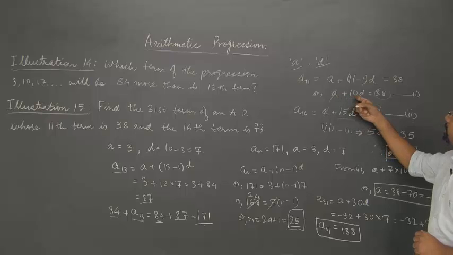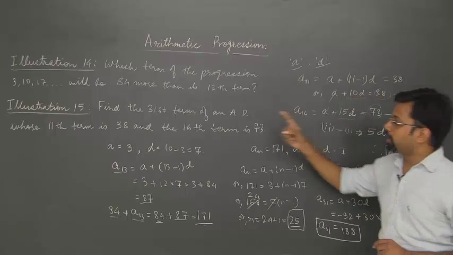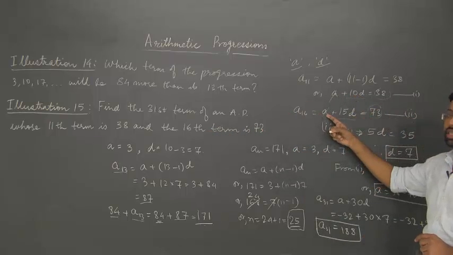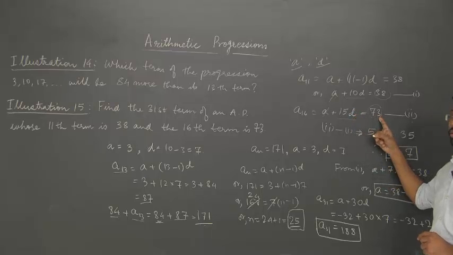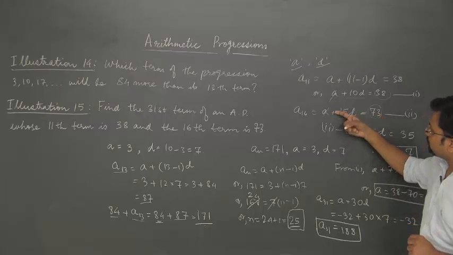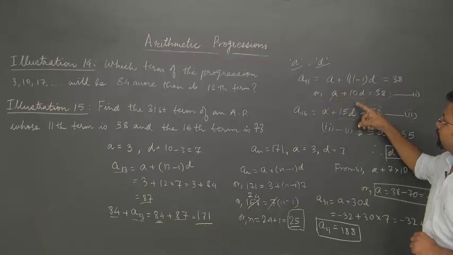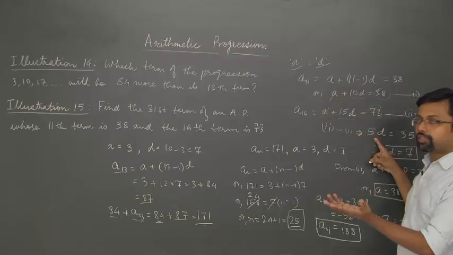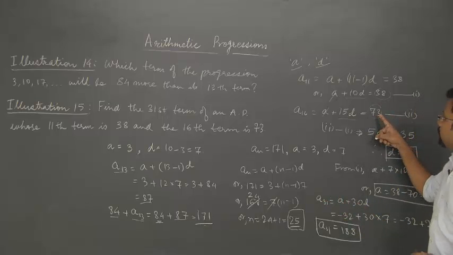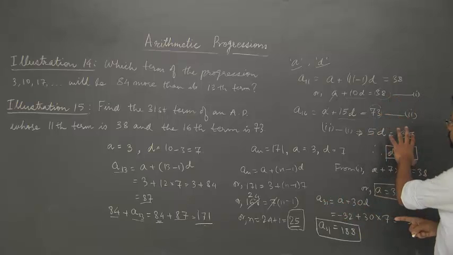So A plus 10D is 38. Similarly, the 16th term can be written as A plus 15D and it is equal to 73. When we subtract these two equations, A will cancel out. 15D minus 10D you will get 5D on the left hand side, and on the right hand side you will get 73 minus 38, which comes out to be 35.